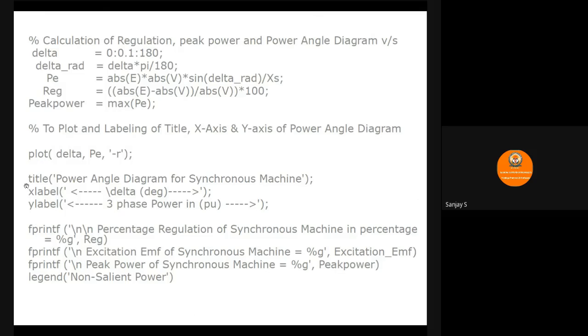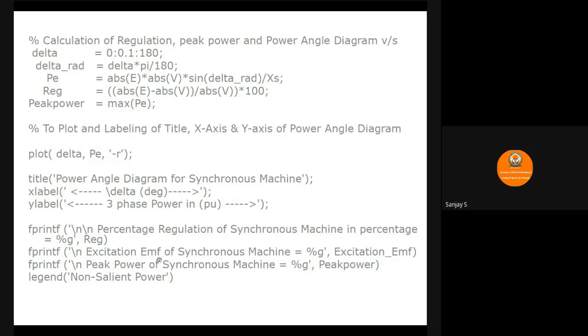Then I'm going to define the title for the curve, power angle diagram for synchronous machine. Then X label. I need a label for X axis as well as Y axis. X label delta in degrees, Y label three phase power in per unit. Then finally I'm going to print some results. I need fprintf, percentage regulation of the synchronous machine in percentage. So I need to print the regulation.